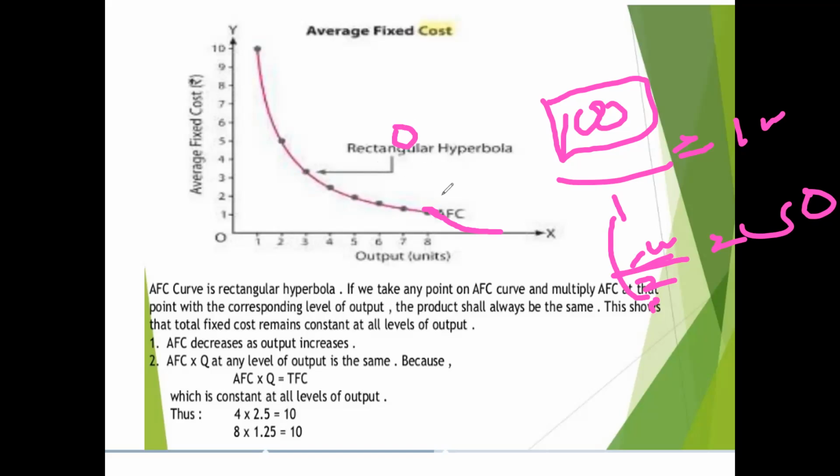Any number of value may give 0.99999 likewise, but it does not equal 0. Right? So this shape of the curve, we identify as the rectangular hyperbola.